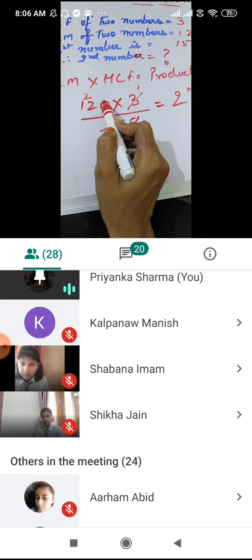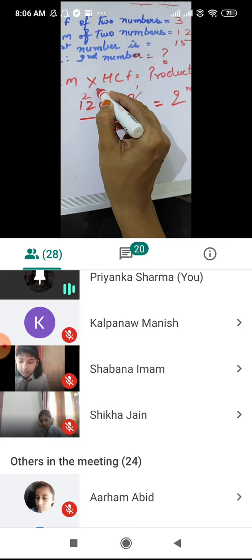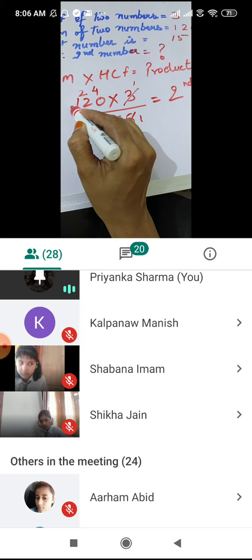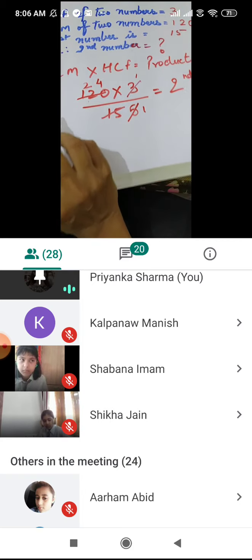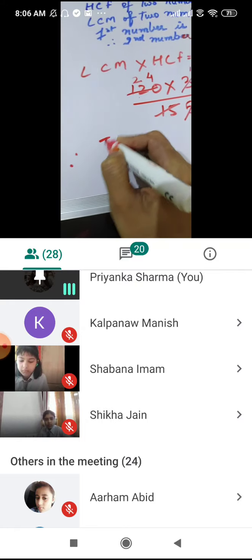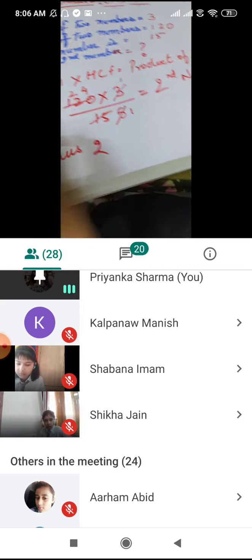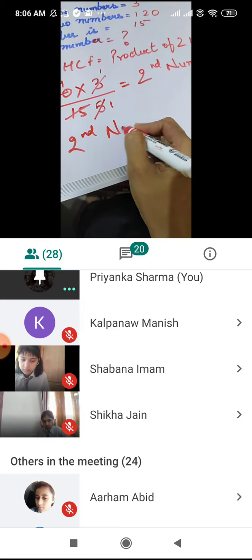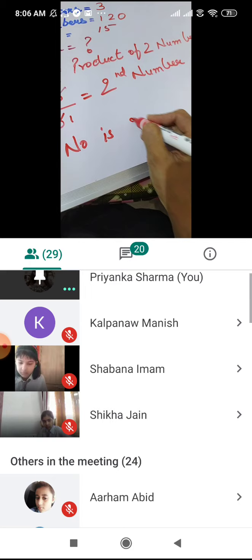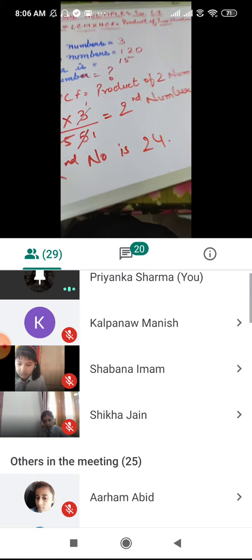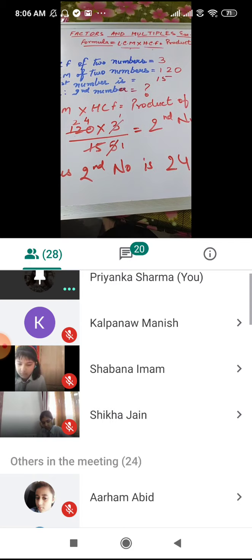Carried over here, this has become 20. 5 fours are 20. Okay. So thus the second number is 24. Clear?